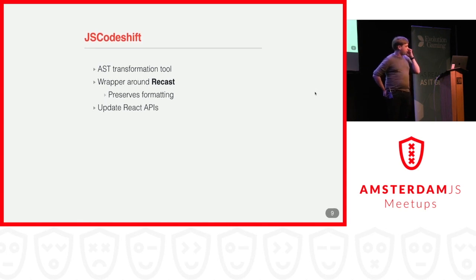It's essentially a wrapper around a module called Recast, which is also an AST transformation tool, but it's a little bit hard to use if you're new to this sort of stuff, and it doesn't have the same sort of helper methods that JS Codeshift will provide. Facebook uses this in practice to update their React APIs. Could be that you've already used this at some point when upgrading to a newer version of React. Basically it allows you to upgrade your whole code to be compatible with new API changes.